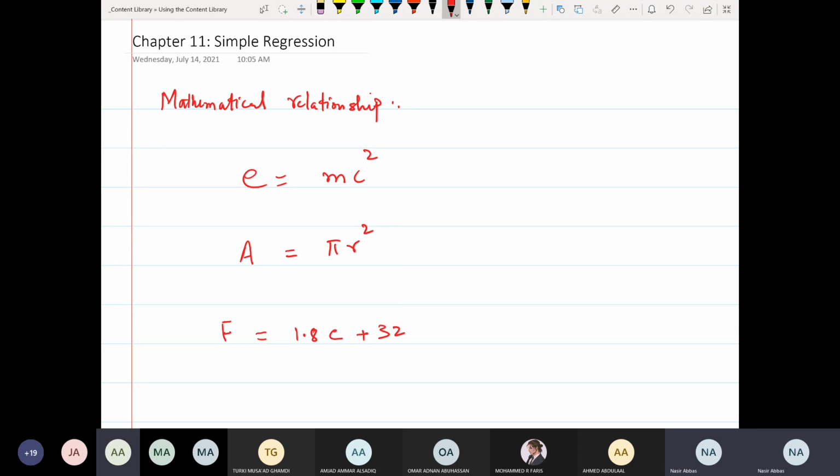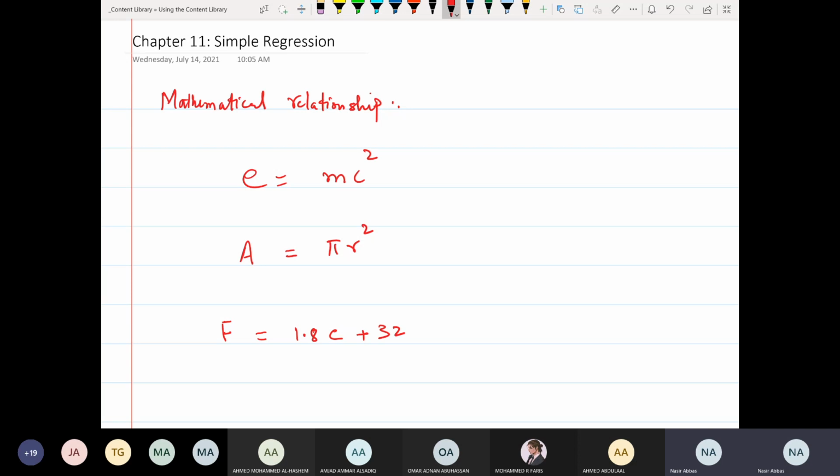Yes, Ahmed? It is a variable, it's not 2.718. E is another variable. So that relationship is among three variables, a quadratic relationship between three variables.